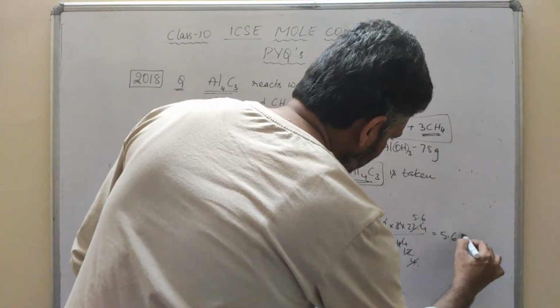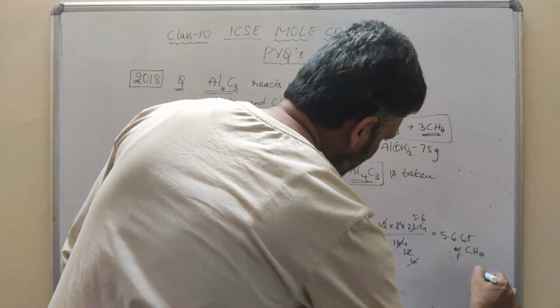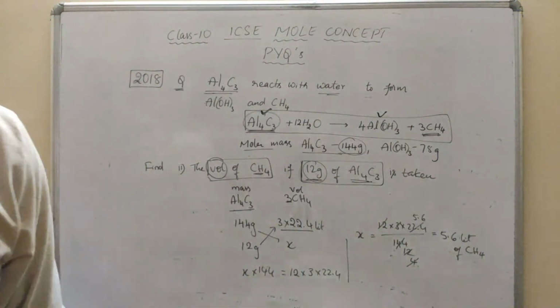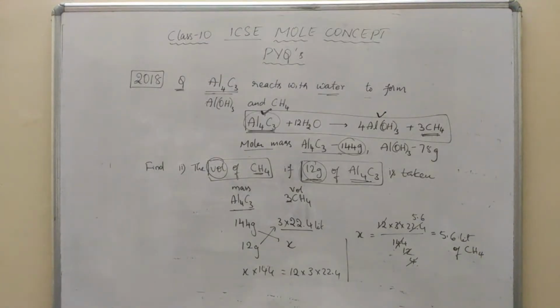So you will get 5.6 liters of methane gas produced in this reaction. Right, so this is the question given in the 2018 board exam.